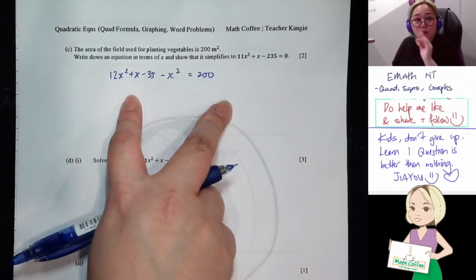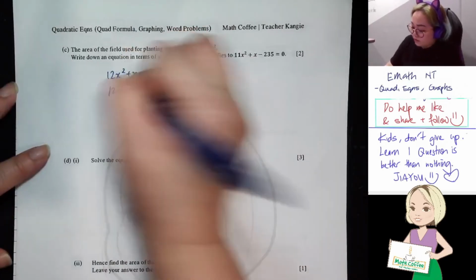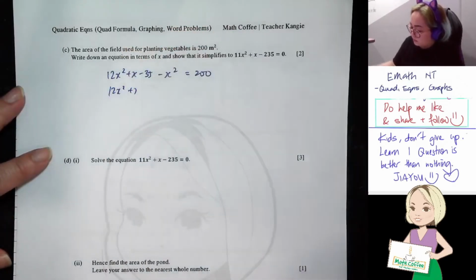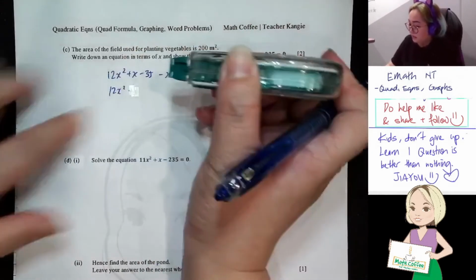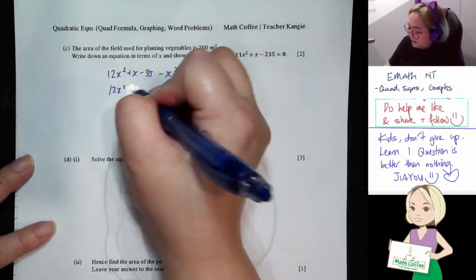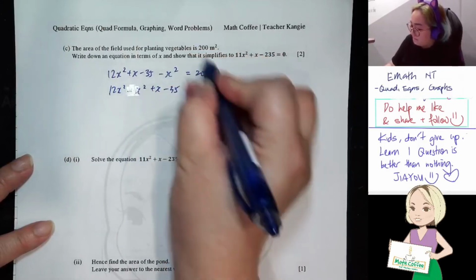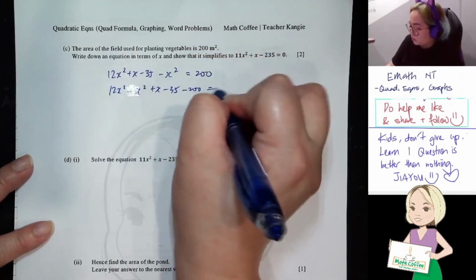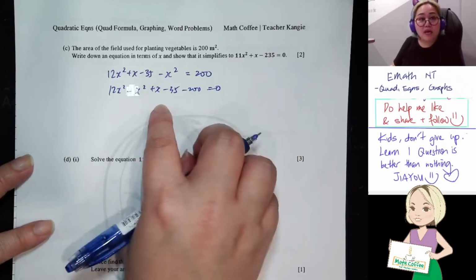Whenever you are doing a quadratic equation, throw everything to the left hand side. Let's simplify this. Let's rearrange: 12x squared minus x squared plus x minus 35 minus 200 equals 0. Everything else remains the same, I just rearranged them.